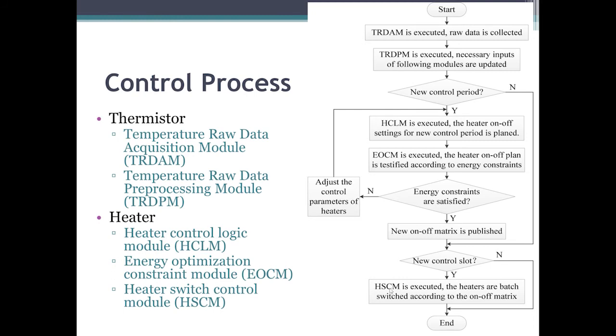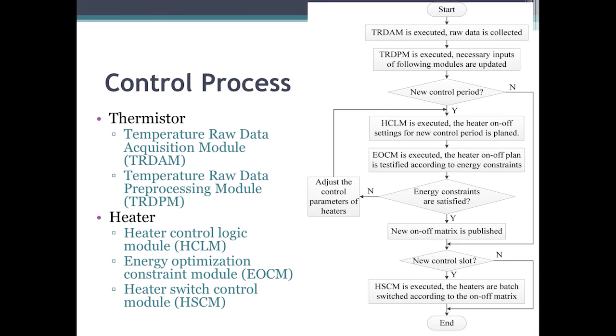The input of HCLM is the control state of the heater and the output temperature of the thermistor. And the output of HCLM is the switching matrix of the heater in the new control cycle. The matrix illustrates the distribution of the switching state of the heater.